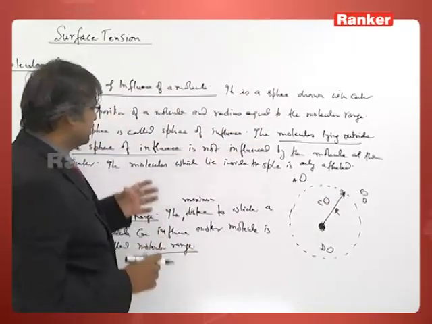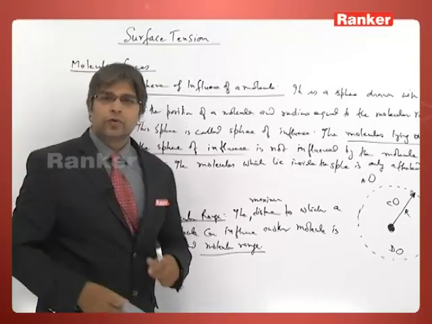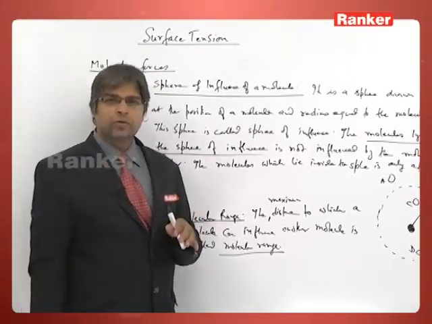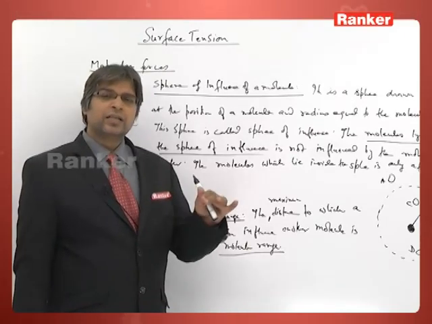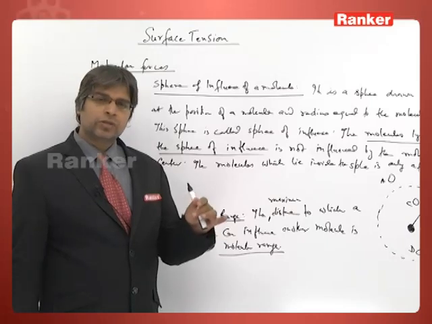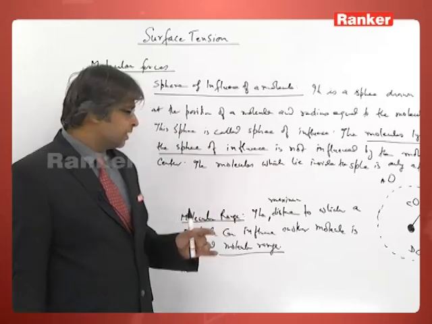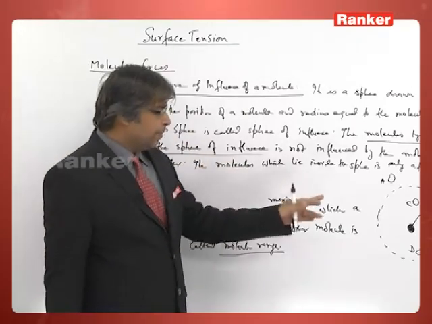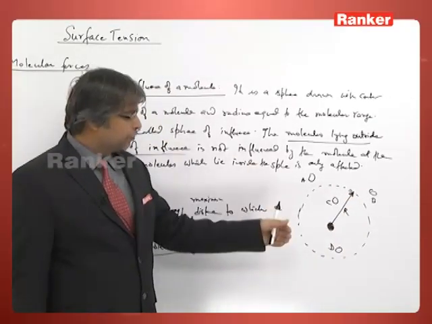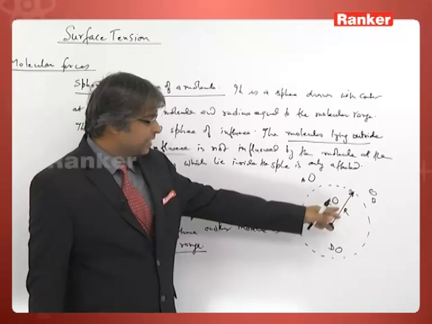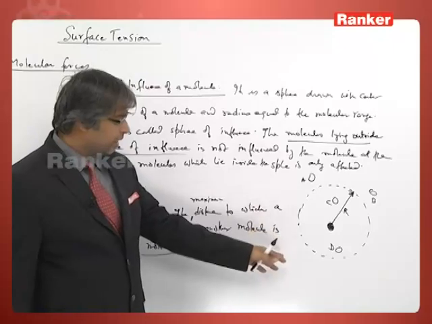So, thus we see that there are two types of molecular force, adhesive force and cohesive force. The forces do not obey the inverse square law; they obey a force law probably as 1 by r to the power 8. Since this is a very short range force, there is a maximum distance up to which a molecule can exert a force on another molecule.